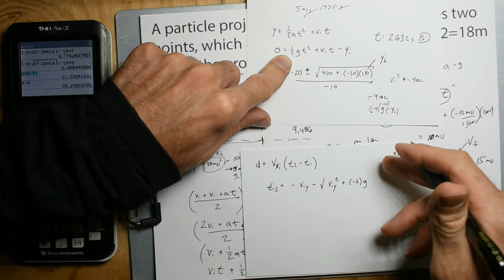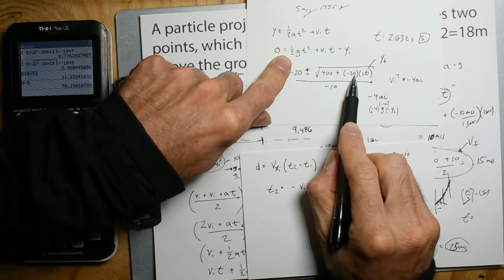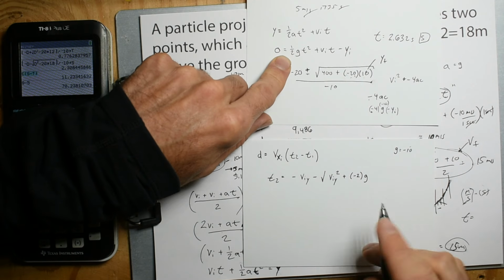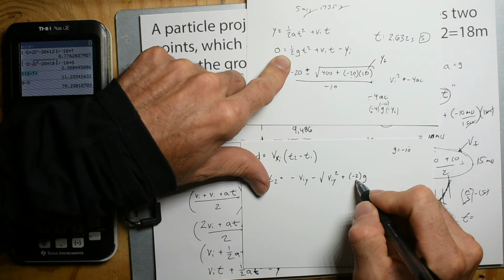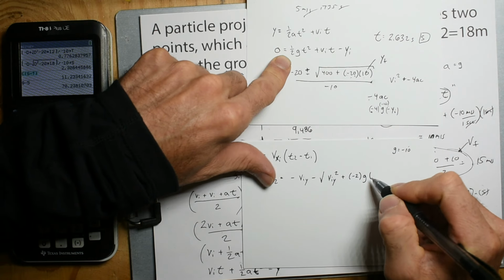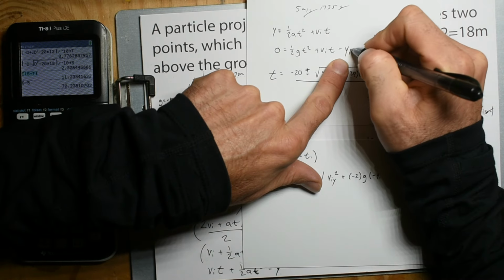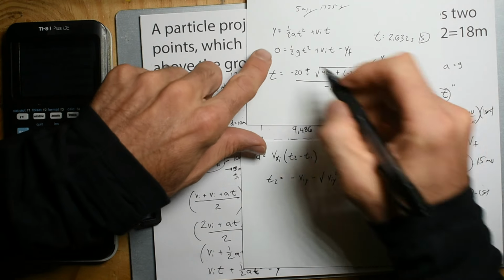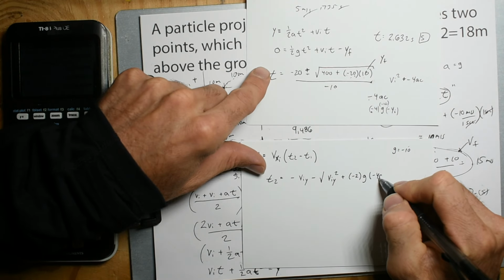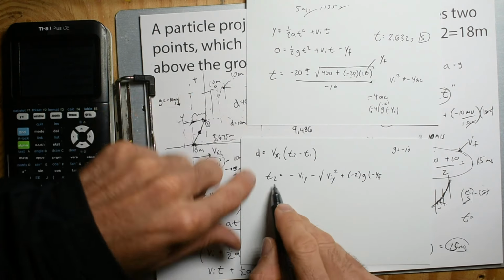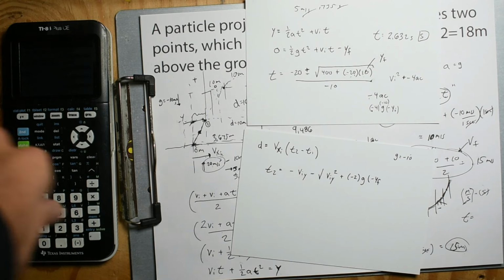So this whole thing is going to be a negative number, and that's what we have right here. But we have negative 2g, and then we have a negative y, and this is y final. Apologize about that. Y final at time 2, which is that 18 meters.